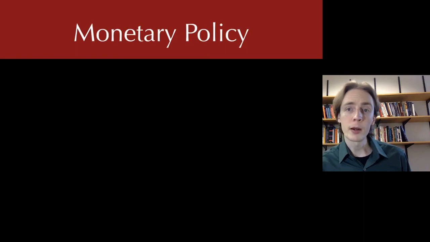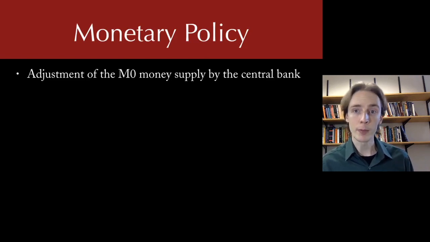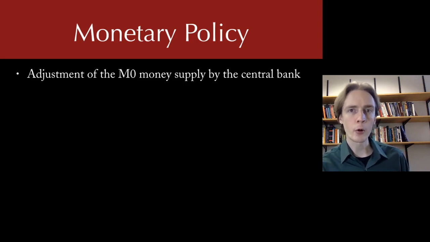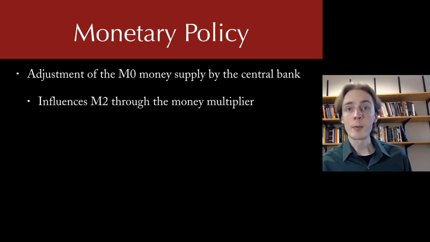So let's start with monetary policy. Monetary policy in its basic form is just the adjustment of the money supply by the central bank. And the central bank, if you'll remember, has direct control over the M0 money supply. Right? That's really all the central bank can do directly. However, we talked last time about the determinants of the quantity of bank money, and the size of M0 is one of those determinants.